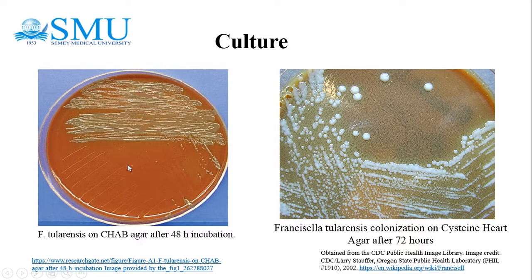Specimens such as ulcer scrapings, lymph node biopsy, gastric washings, sputum and blood are inoculated onto the media and incubated at 37 degrees Celsius for 4 days, aerobically, as Francisella tularensis is an obligate aerobe. Colonies are blue-gray, round, smooth, and slightly mucoid with a small zone of alpha hemolysis.